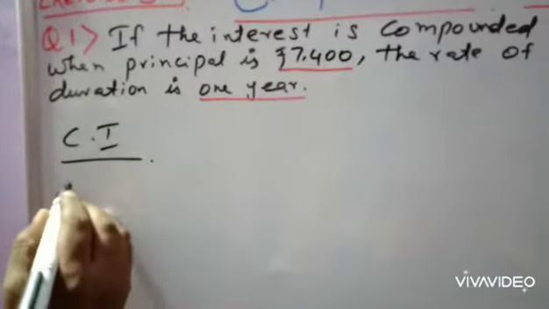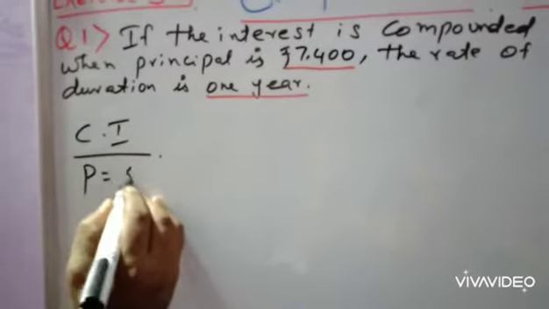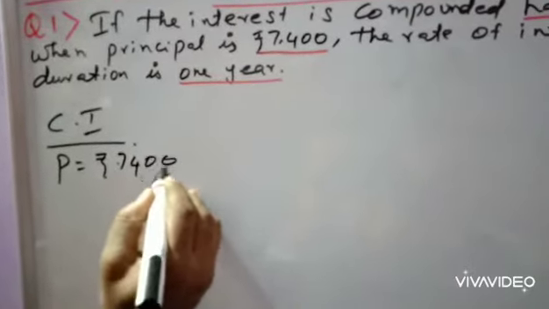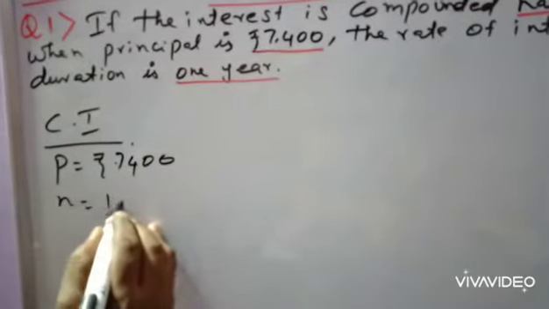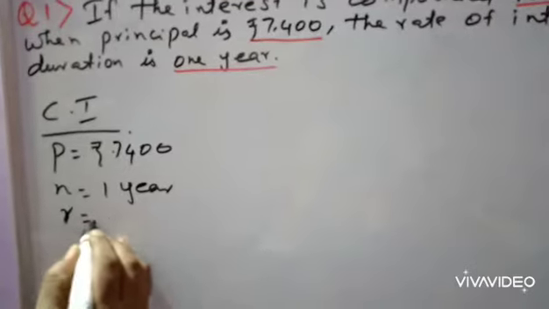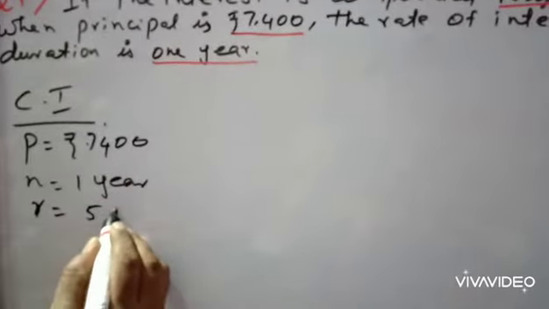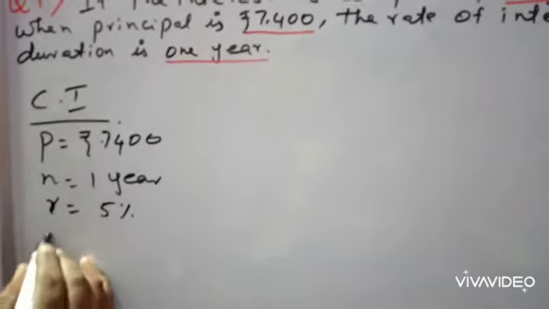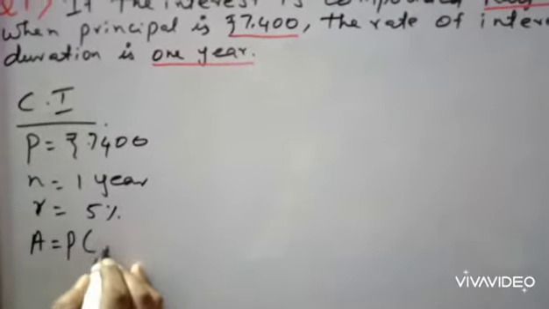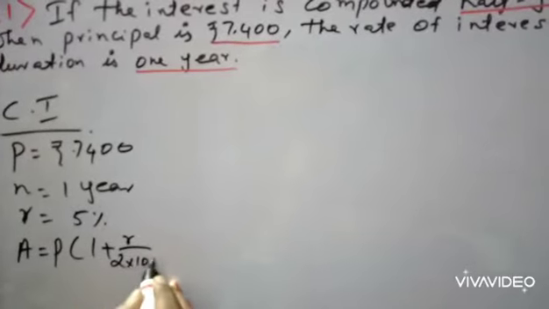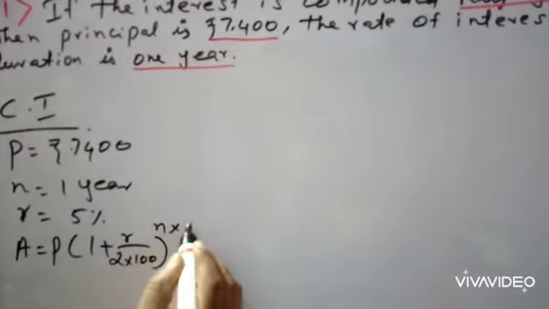So principal equals rupees 7,400, n equals 1 year, R equals 5%. So formula A equals P into (1 plus R by (2 into 100)) power n into 2.